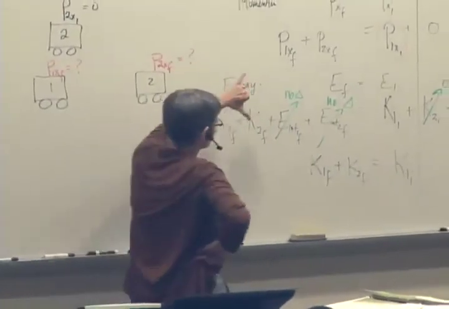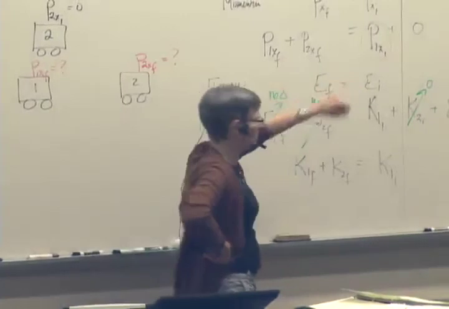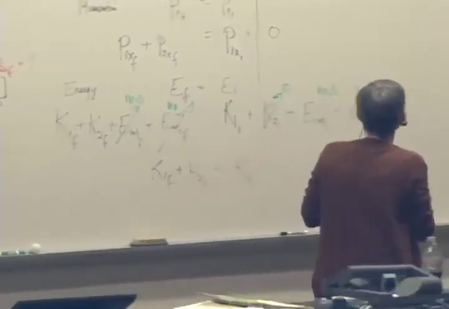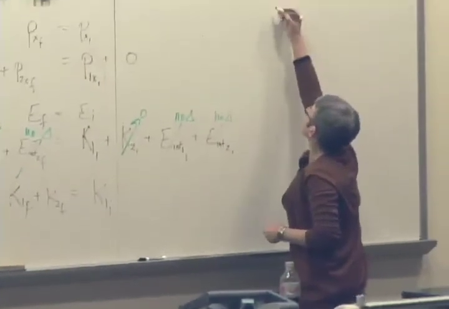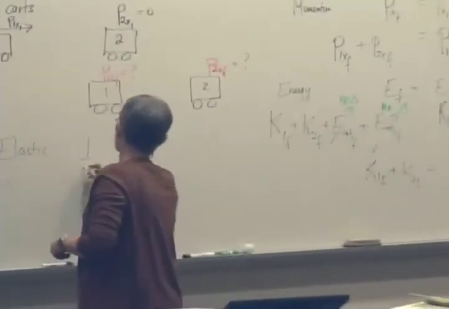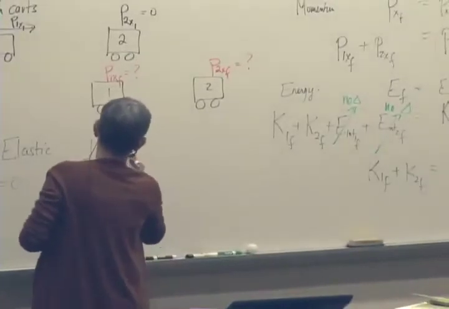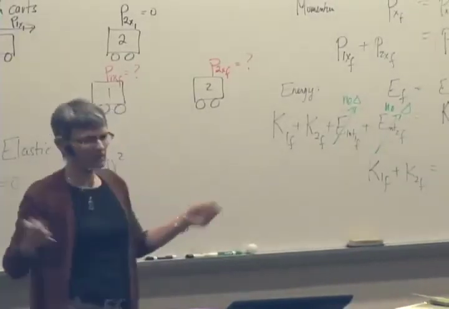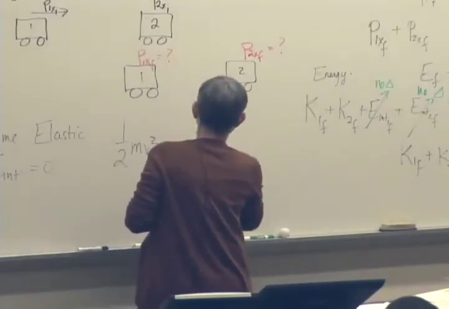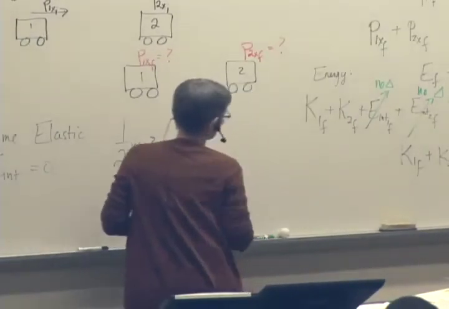You can write them both in terms of velocity or speed, can't you? So in fact, we can write kinetic energy. Remember that a half mv squared, which is the kinetic energy at low speeds, can also be written as the magnitude of the momentum squared over 2m.